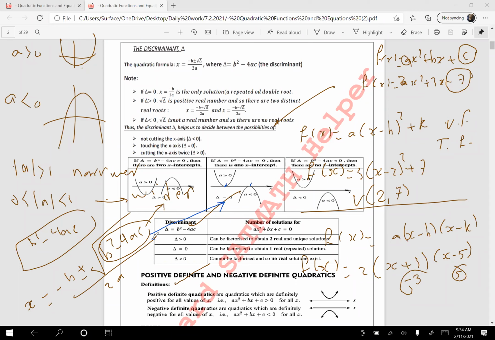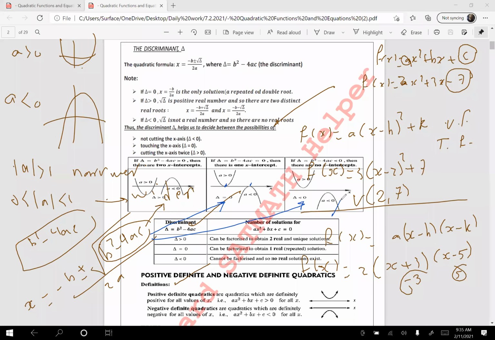If the discriminant is less than 0, which is negative, you cannot find the square root of a negative number in real numbers. So the intersection points between the parabola and the x-axis are nothing. So there are no intersection points, as in this third graph.